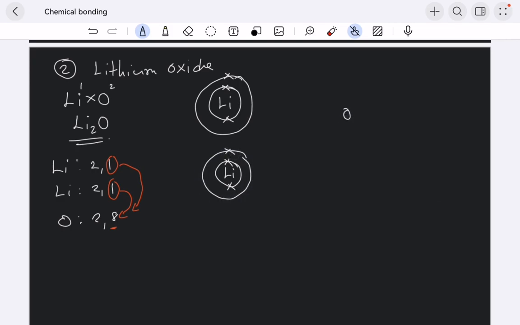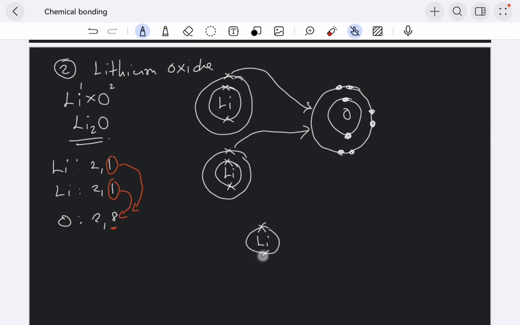Then I have the oxygen, which is 2,6. So remember, the valence number for oxygen is 2, meaning that oxygen is supposed to gain 2. So that will transfer 1, and that will transfer 1. So ultimately, this becomes 2.